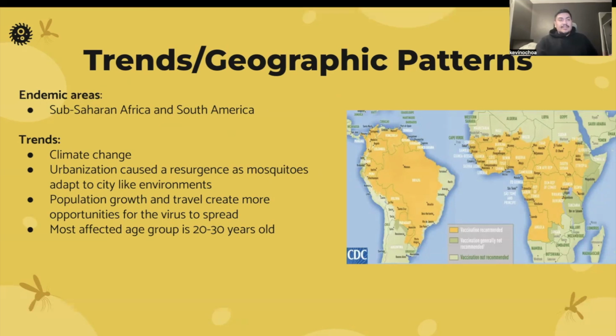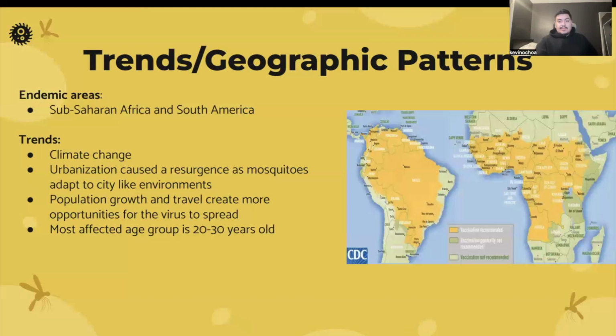These regions have the ideal combination of climate and mosquito populations that allow the virus to thrive. While the disease has long been a concern in these regions, certain trends are causing a worrying resurgence of the virus. Climate change has altered the ecosystem, creating more favorable conditions for mosquitoes to breed and spread the virus.